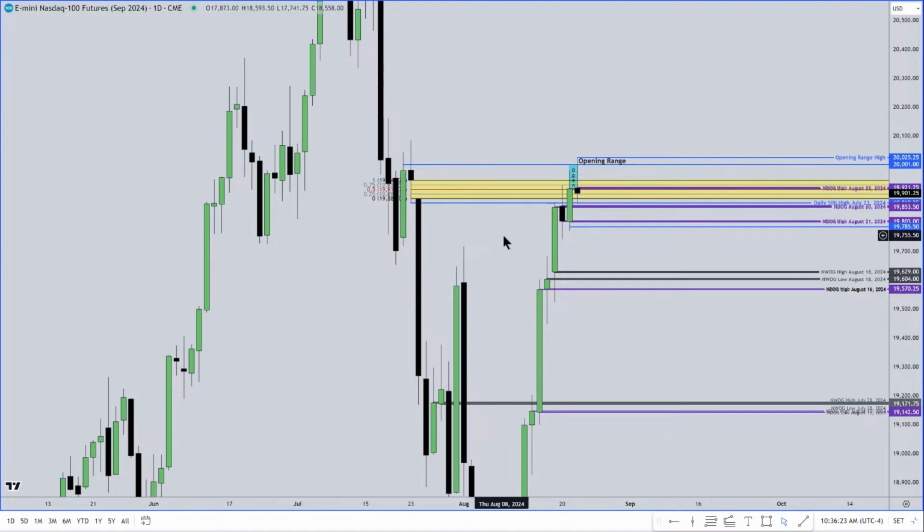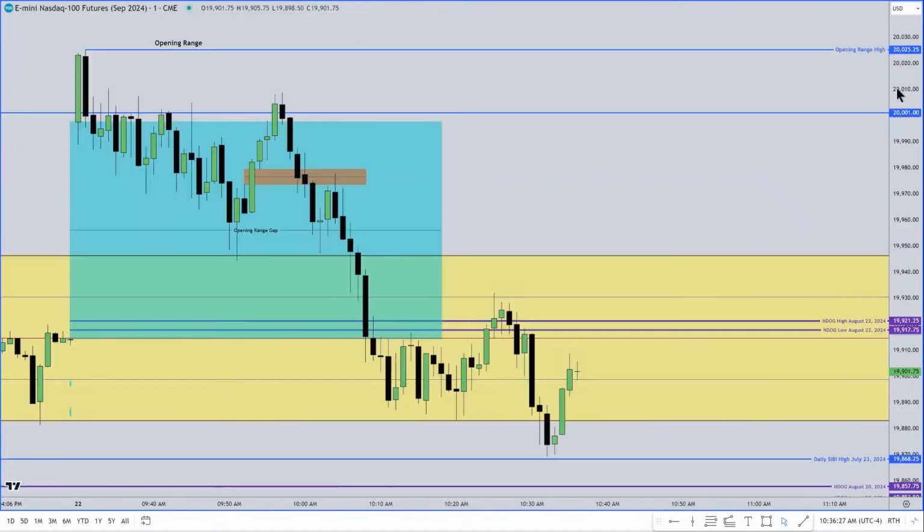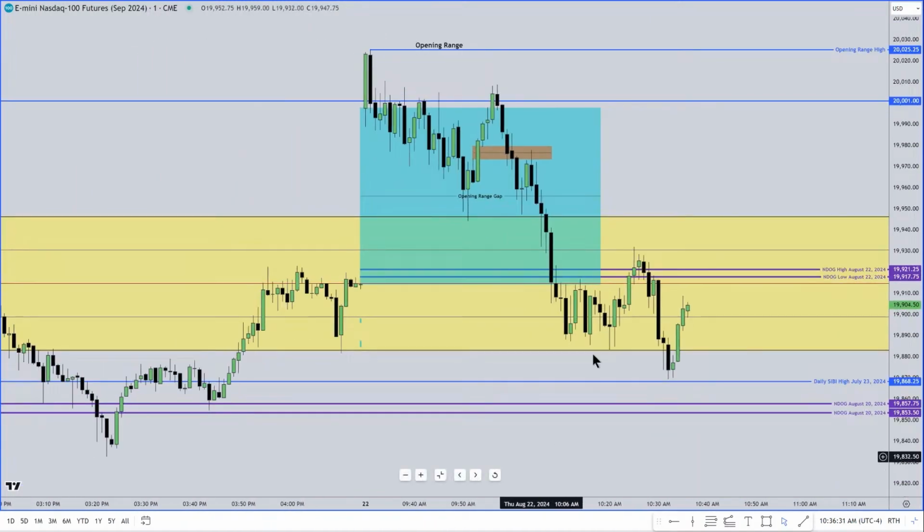So, 1 minute chart. And here we have the quadrants. Disregard, I know it's hard to do, but disregard this new day opening gap for a moment. Kind of like ignore it being there. We have the high of that shaded volume imbalance on the daily chart.